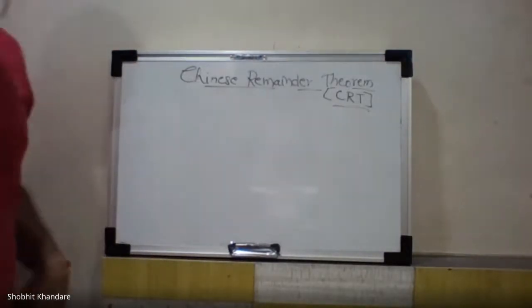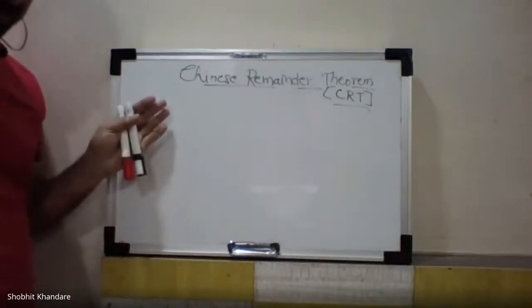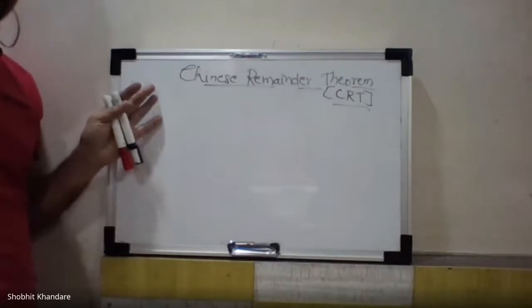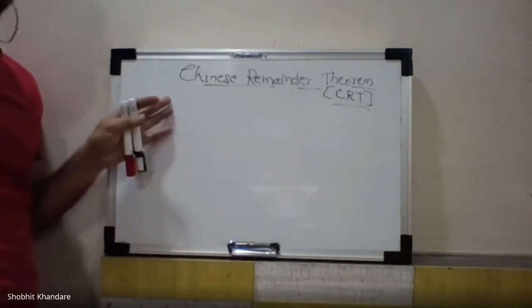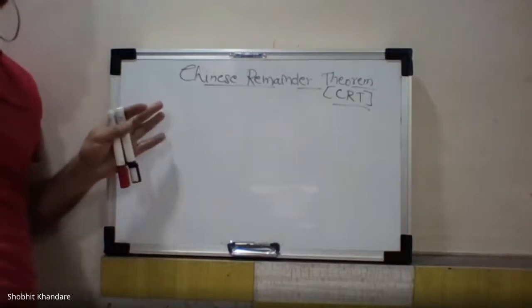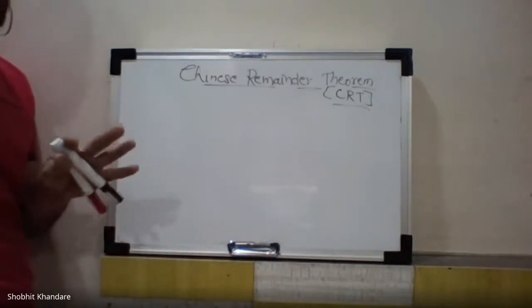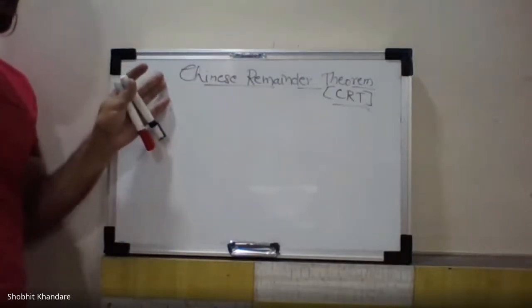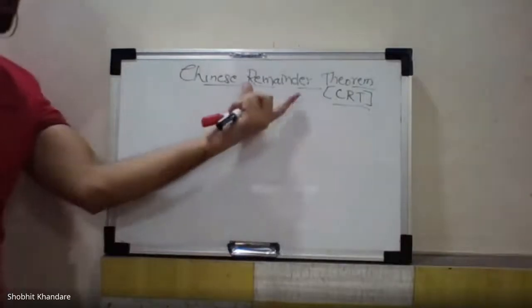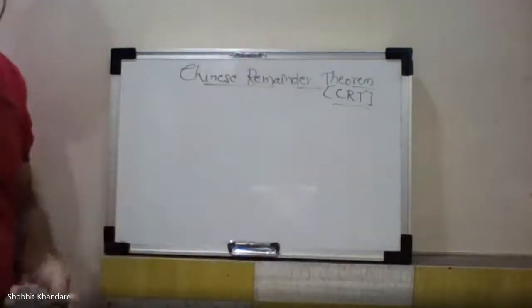Before explaining the Chinese remainder theorem, we will try to understand the concept with an example. Then it will be more useful for you to understand. Here the remainder is the important word.